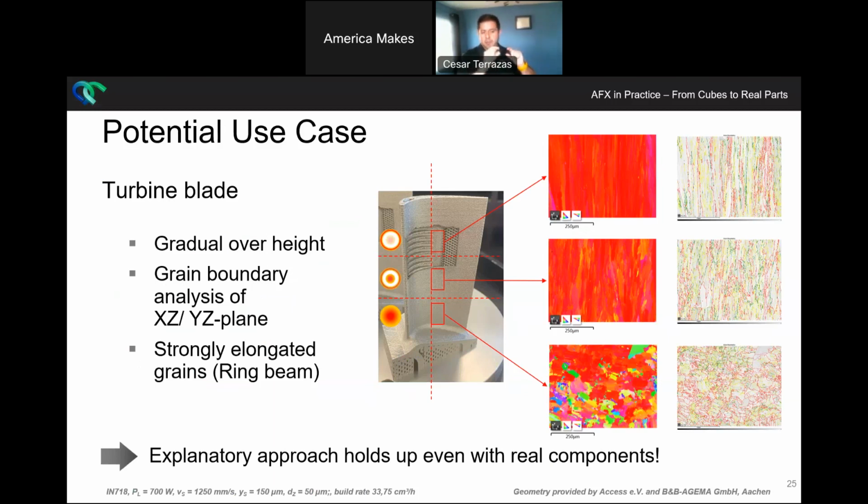They demonstrate in small components or tensile specimens, but not in an actual component. With this kind of blade, you can demonstrate that the effect can be controlled at different parts within a given component, and not only in very small parts, not only cubes.